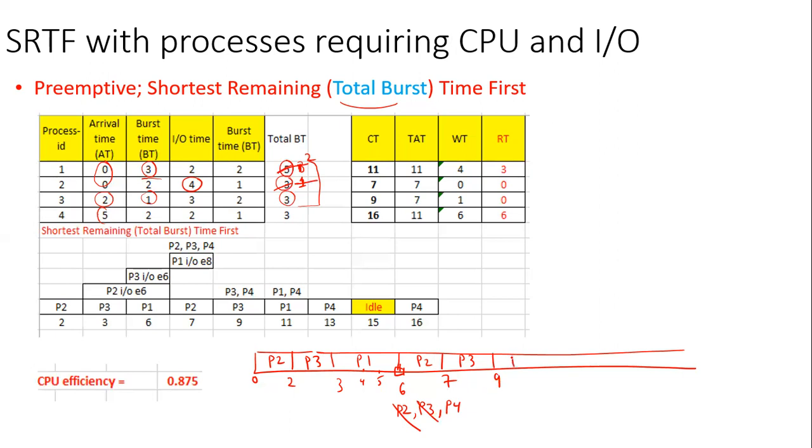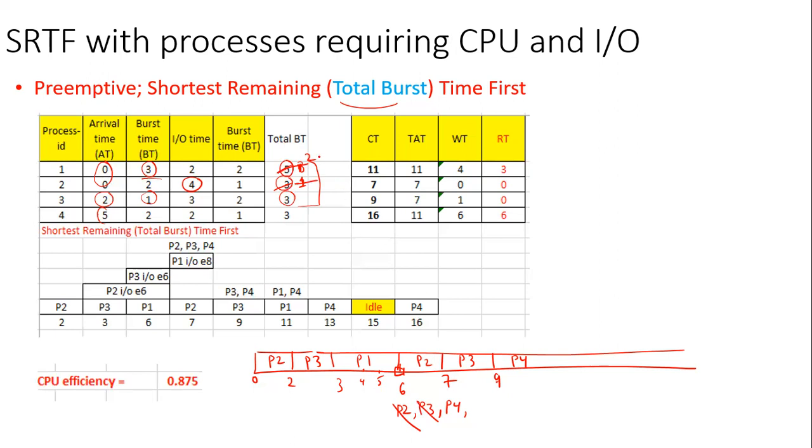P4 is taken now. I think we should take P1 because it is back again, right? At what time was P1 coming back actually? I think at 8. So P1 comes back at 8. So that means it's waiting, but still shortest is P3, right?